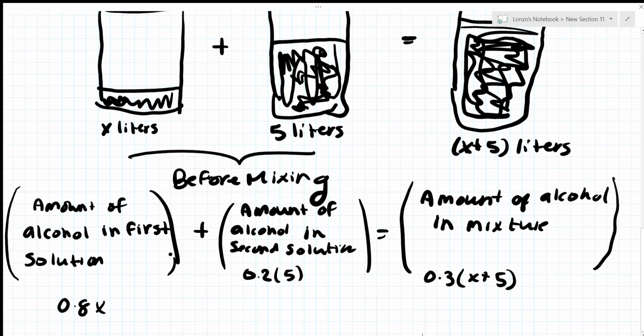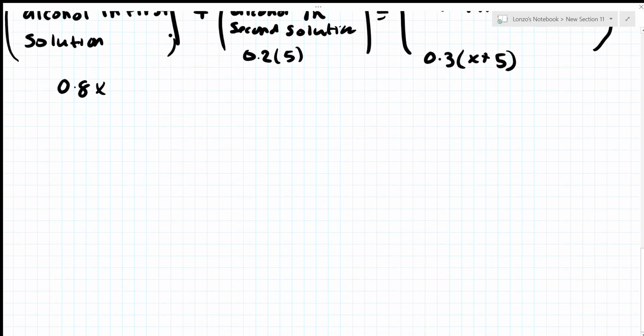Let's do some math. So 0.8x plus 0.2 times 5 is just positive 1 equals, when you distribute that out, 0.3 times x is 0.3x, and then 0.3 times 5 is positive 1.5.